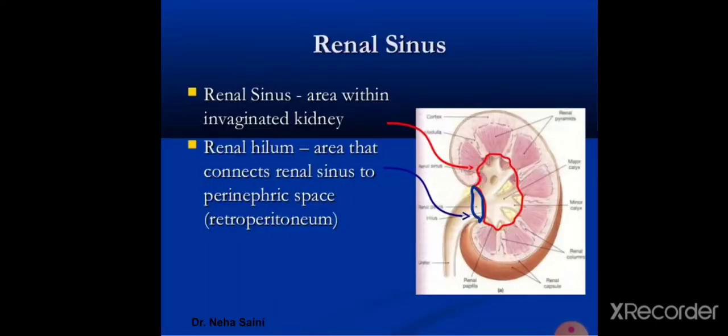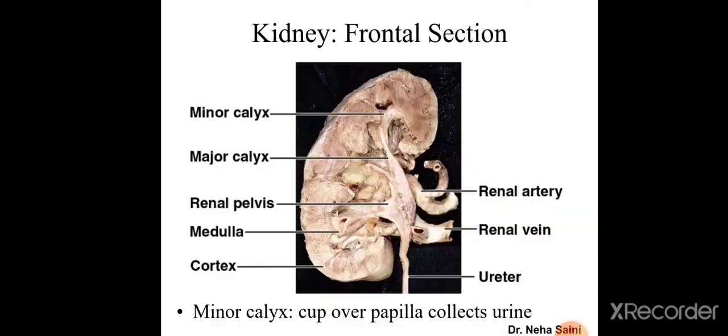Now here we can see the renal sinus which is demarcated with the red color. Renal sinus is the area within the invaginated kidney. It contains the pelvis of ureter, and the renal hilum is the area that connects the renal sinus to the perinephric space.